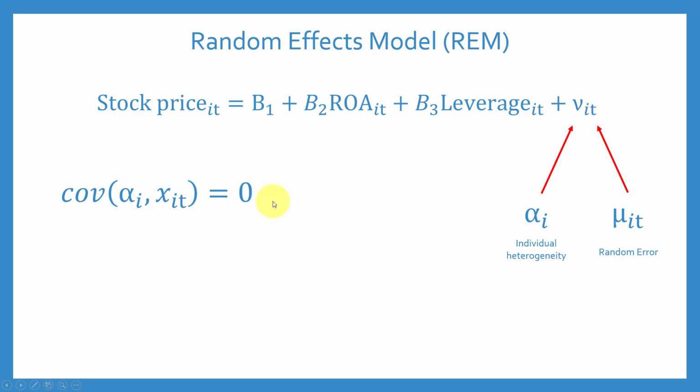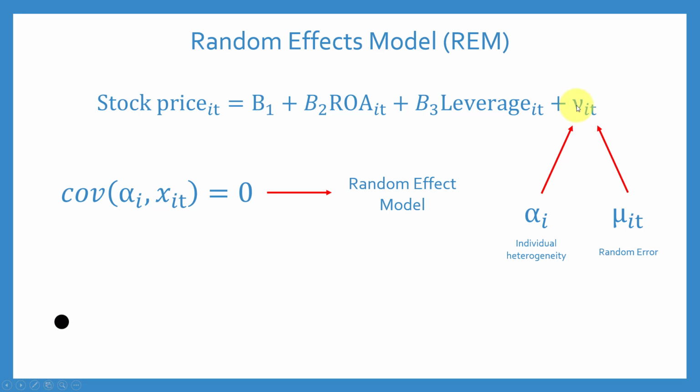If that is equal to 0, I mean there is no correlation or covariance between them, then that's fine, we can use random effect. So the assumption of random effect is that there should be no covariance. I mean, if this individual heterogeneity remains within this composite error term, that's fine.